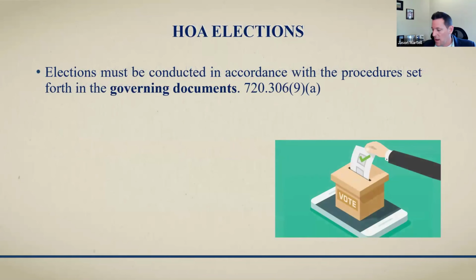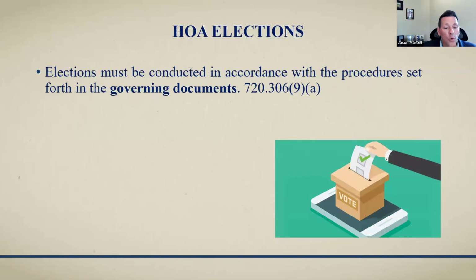Okay. Putting the HOA hat on here for a quick second. And again, we're going to talk about some of these pre-election conversations and topics with the HOAs as well as we kind of move through the process and procedures here. Again, you're not going to get a whole heck of a lot of help from Chapter 720, which is the HOA statute. Rather, you're going to get your guidance from your governing documents.